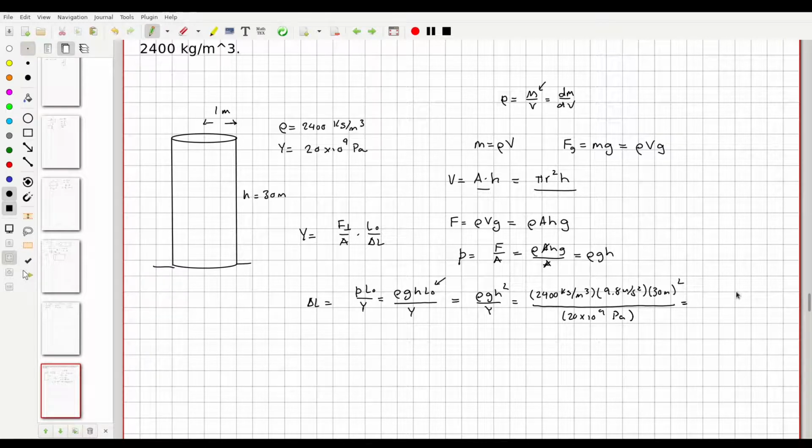So if I plug this into a calculator, it's 2,400 times 9.8 times 30 squared. And I've got to divide that by 20 times 10 to the 9th. I get a deformation of 0.00106.